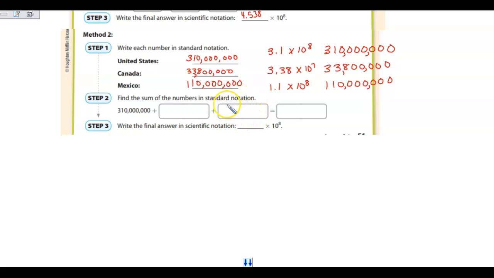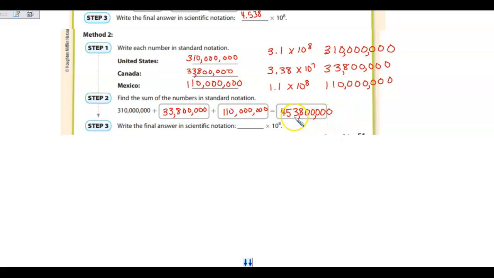And when I add those, we get 453,800,000.